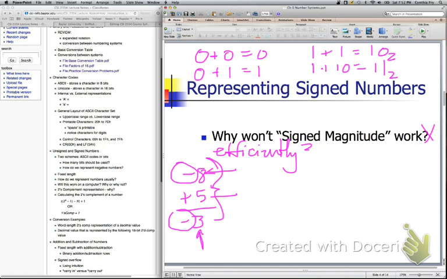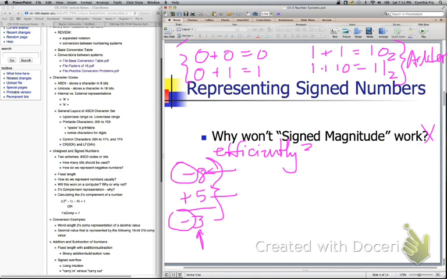With these 4 binary addition facts, I can do anything. And more importantly, I can implement all of these using a circuit called an adder. So with one circuit, I can implement all of these rules.